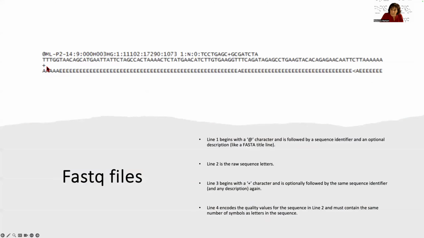The third begins with a plus, and sometimes there can be other descriptions in there, but I've never seen anything but that. And then this fourth line, which is kind of weird when you look at it, is the quality sequence. For everything in the sequence, it's going to have a quality score. And each of those characters means something. The A's and the E's tell you something about how good that particular sequence is. So that's the FASTQ file.